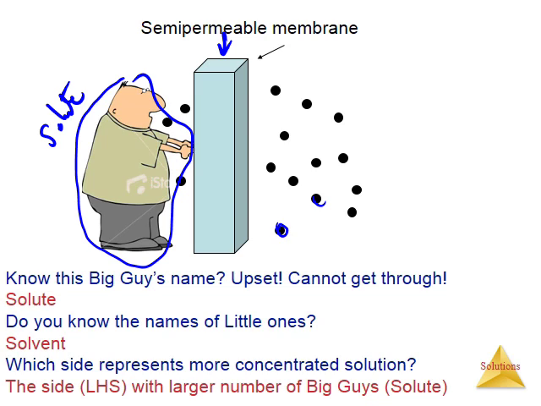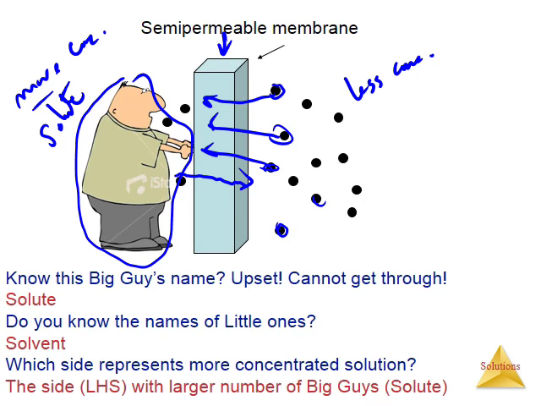Imagine each of these solutes is like a big guy, and they're pushing this membrane along this direction. As this membrane pushes along this direction, the little water molecules along the way would pass through it. So from these simple hypothetical experiments, we can tell that solvent molecules, in this case water molecules, would pass from less concentrated to more concentrated.